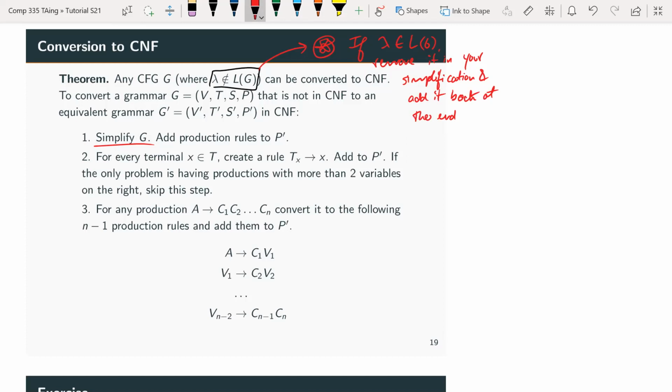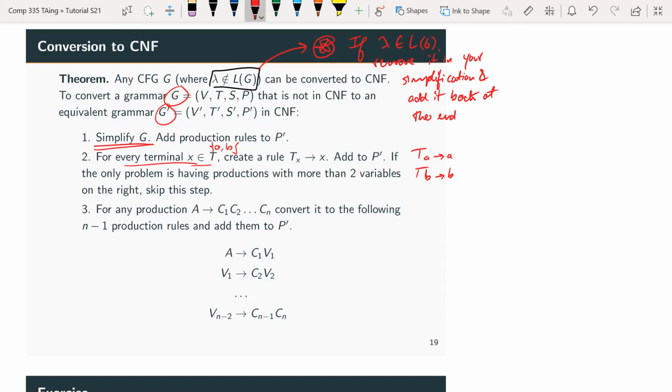So then, as I was saying, you have a grammar G and you want to convert it to an equivalent grammar in CNF, G prime. So the first step is to simplify the grammar G with the steps that I showed before. And then for each terminal, so for instance, if the set of terminals was A, B, for each of those terminals, create a variable: TA gives you A and TB gives you B. Then add that to the production rules of G prime.